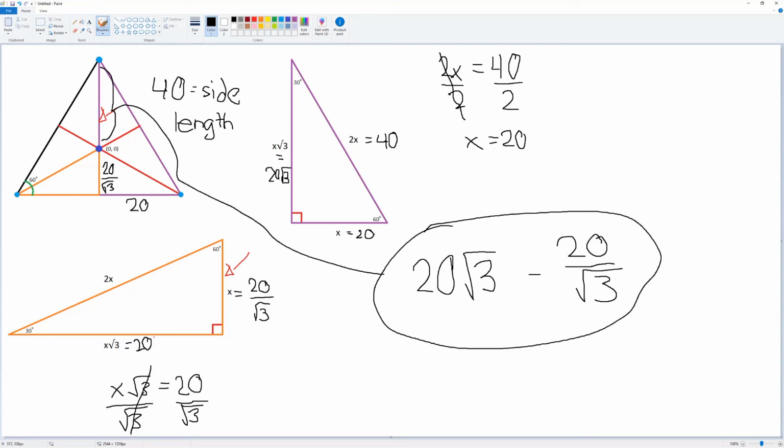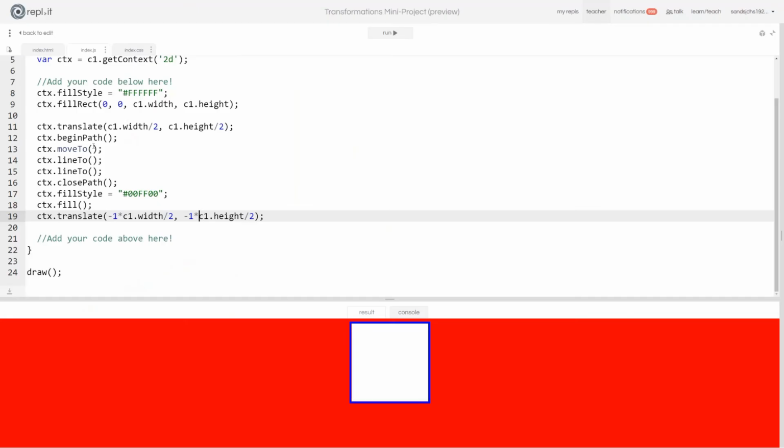And we go up by the length of this line segment, which we found to be 20 times the square root of 3 minus 20 divided by the square root of 3. All right, so let's go back into this. For this move to, we can say that the x that we move is 0 from the center of our canvas.